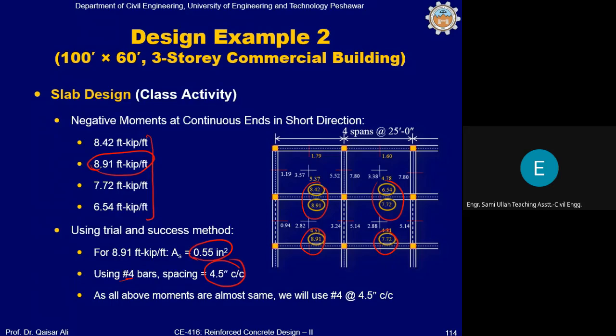So it means that the top reinforcement at interior support along the shorter direction is number 4 at 4.5 inch center to center. Clear? Any question? No, sir.